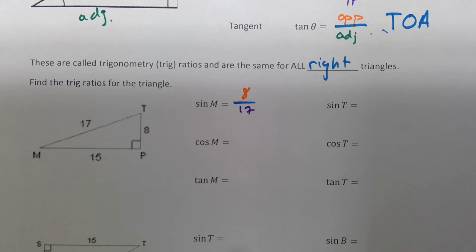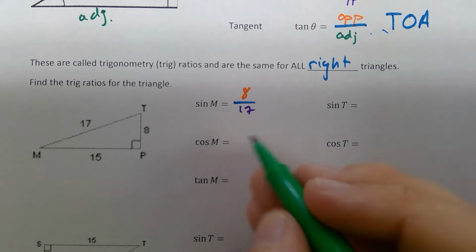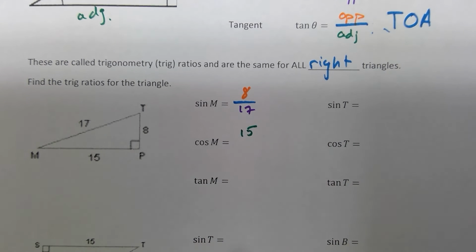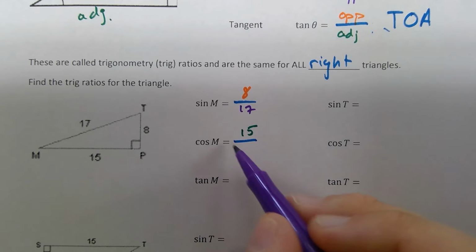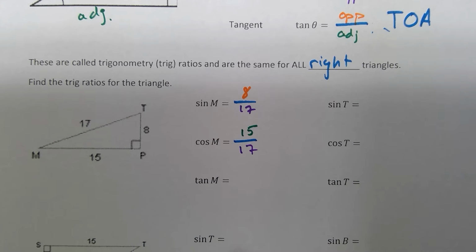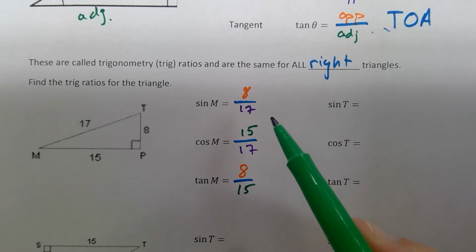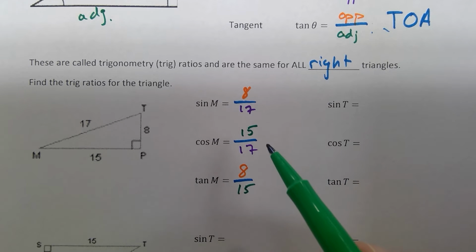For cosine of M, I want my adjacent side, which is next to my reference angle, over my hypotenuse side, which is 17. And then for the tangent, I want to take my opposite side, across from M, which is 8, over my adjacent side, which is 15. Okay? So 8 over 17 is my sine, 15 over 17 is my cosine, 8 over 15 is my tangent.